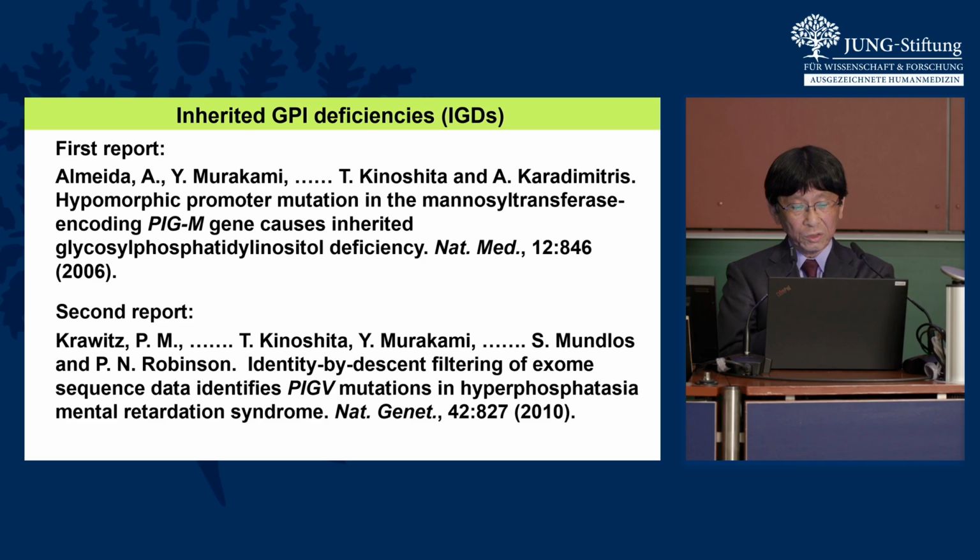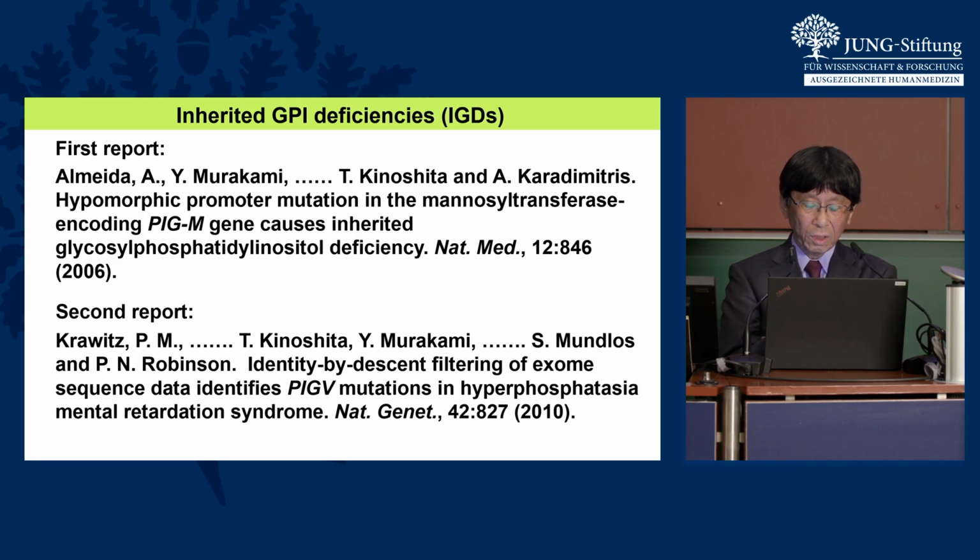And then the second cases were found in Germany. Peter Krawitz in Berlin, Charité, now he is in Bonn, applied whole exome sequencing to patients with intellectual disability and growth delay, and found PIG-V mutations.